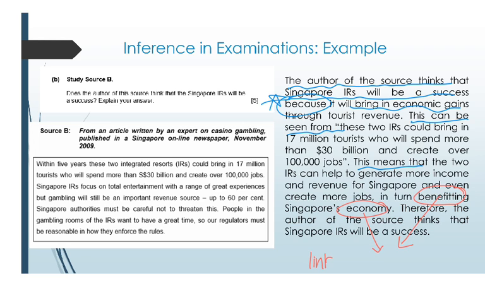Because we are linking back to the issue. Remember our dear issue just now? Okay, how far will the IRs in Sentosa and Marina benefit Singapore? Benefit, the idea of benefit. Here we go, benefit. Okay?